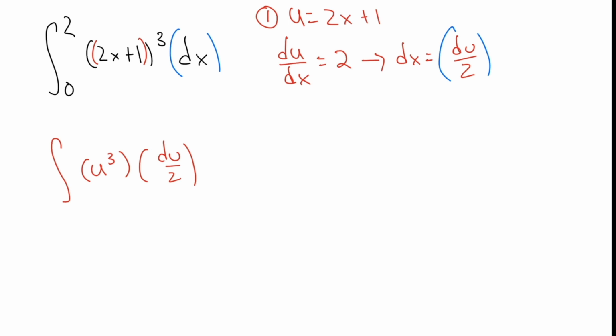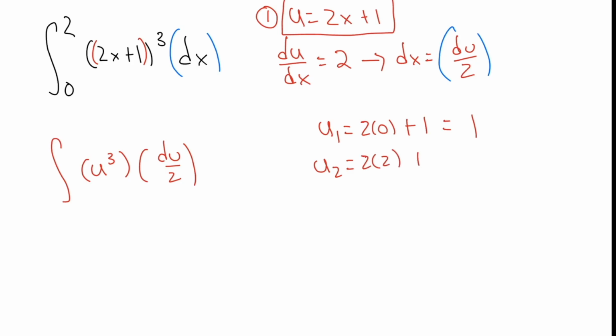To find the new bounds of integration, we're going to go back up to our u equals 2x plus 1 and plug in our a and b values for x. So we get u1 equals 2 times 0 plus 1 equals 1. And our second bound, our upper bound, is going to be 2 times 2 plus 1 equals 5.